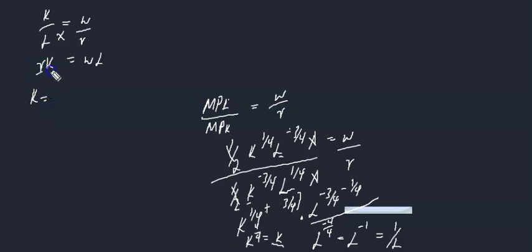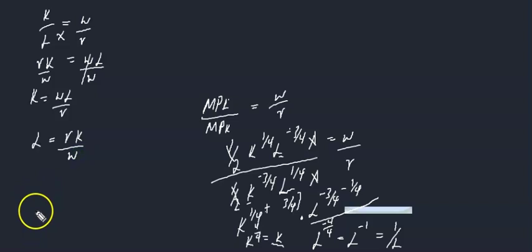To make it the subject, we just need to divide by R everywhere, and capital will be just W over R like that. Then this one, labor, let me just show you how it is done. Here we have the R. Then if we want to make this one the subject, we will just divide by W everywhere, just like that. Then L, this will cancel. Then we will remain with RK over W like that.